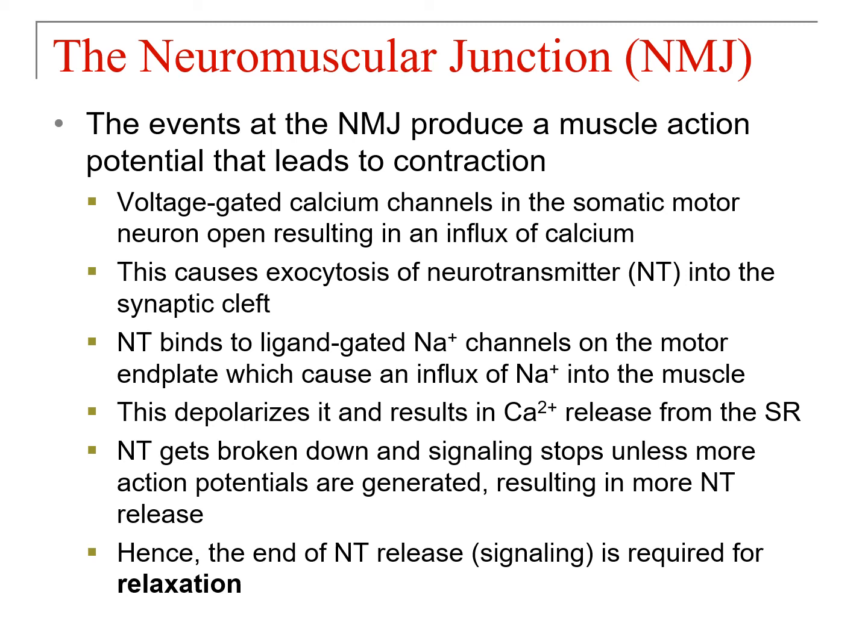As long as the somatic motor neuron is firing or experiencing action potentials, acetylcholine will be released and will lead to contraction in the muscle cell. So the end of neurotransmitter release, or the end of signaling, as well as the removal of acetylcholine from the cleft, is required for relaxation.